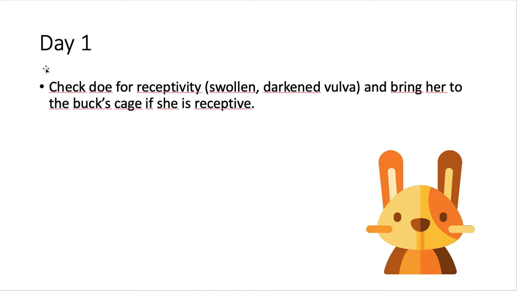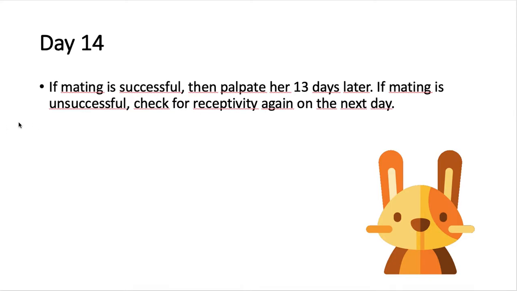On the first day, let's suppose that you have done the mating. Some people just do the mating and then forget, and there are situations where you have false pregnancies and false alarms. So it's really important that you do the palpate testing on day 14.